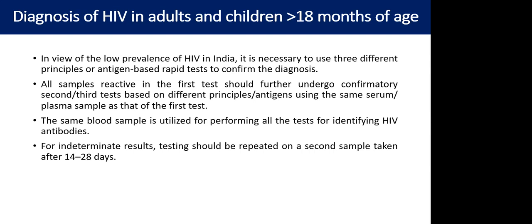All samples that test reactive in the first test should undergo further confirmatory second and third tests based on different principles or antigens. Principles that we have mentioned earlier could be immunochromatography, immunoblot, or particle agglutination, etc. Remember that the same sample is being tested at the ICTC by 3 tests, not a different blood sample.